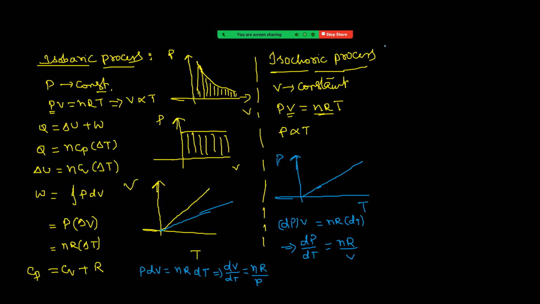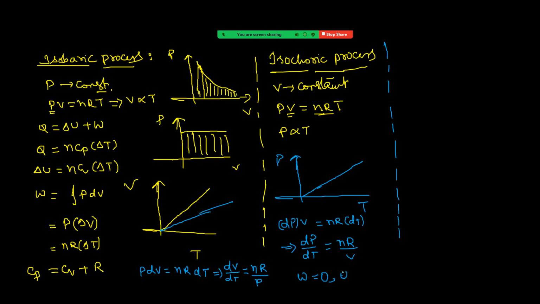Okay. Next, coming to work done. Coming to work done, see what we can say. It is integration of P dV, but this is volume constant. That means in this no work is done. Okay. So from first law, what we can say is Q equal to delta U plus W, W is 0.